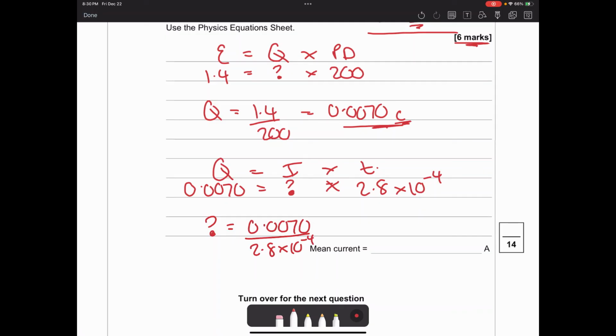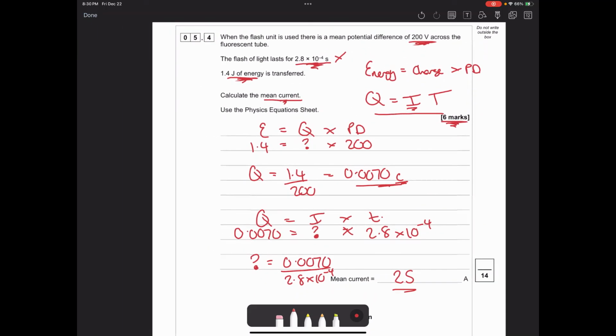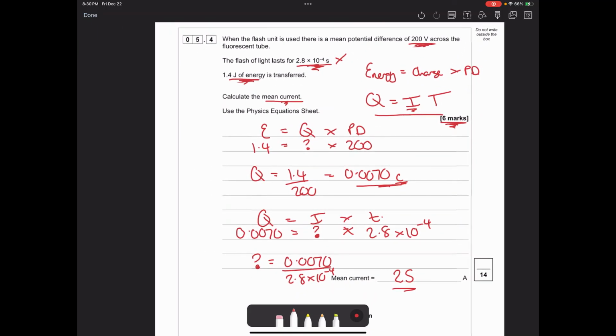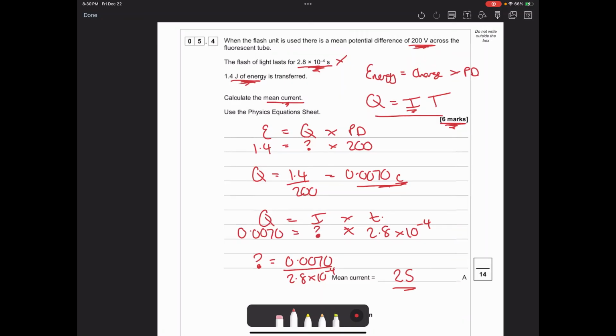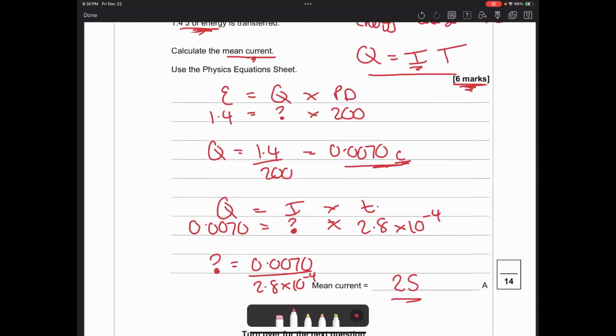Do that on your calculator, and that gives me a current of 25 amps. And that's 6 marks there for using 2 equations. It can be quite difficult, but remember, if I give you the equation sheet, just look, what equations can I use? What can be the next thing that can help me on the journey of finding the final answer? So that's the end of question 5.